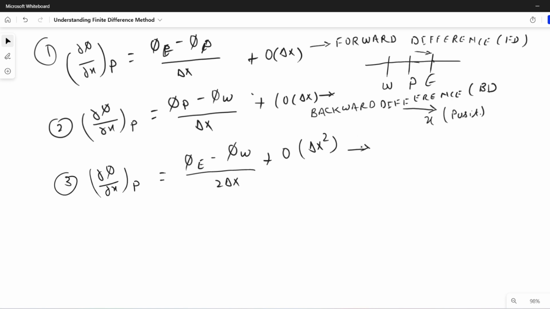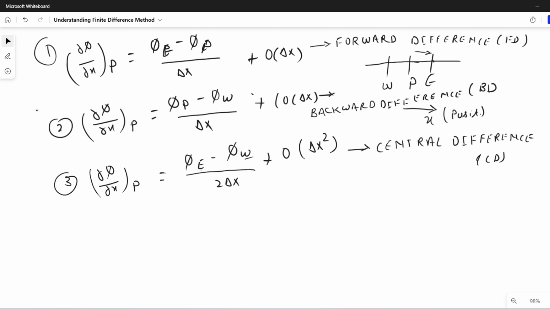Now in this case I have used both point E and point W, and my point P is located centrally to these 2 points, so this is known as central difference, or CD.